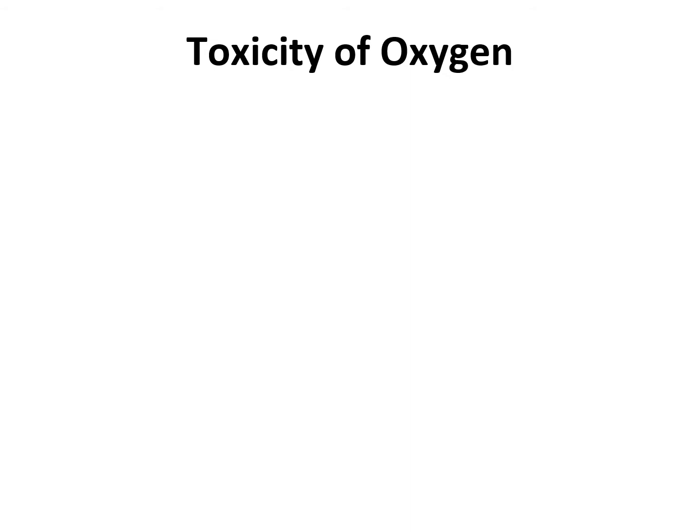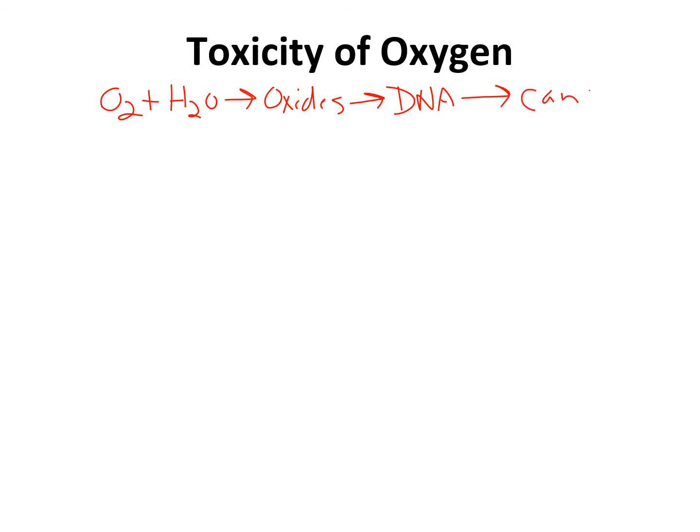And we actually know that they can be toxic to our cells because when oxygen interacts with water, even today, it still forms those oxides. And those oxides can still damage DNA. It can cause DNA to break and it can mutate DNA. And if our human DNA is mutated, that can possibly lead to cancer.